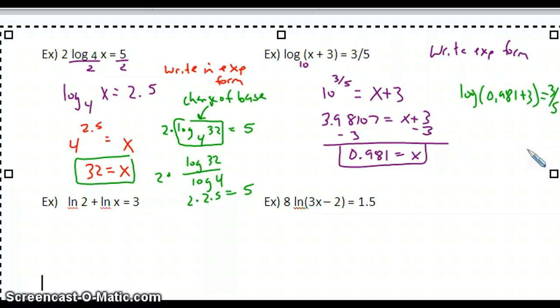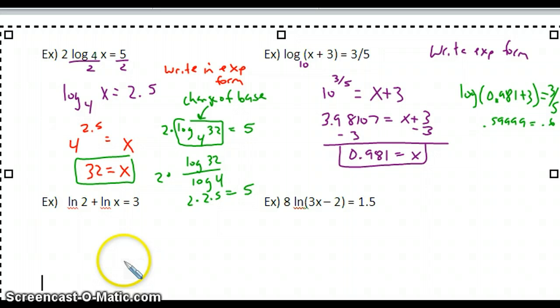I plugged it into the calculator wrong, so let me try that again one more time. Log of 0.981 plus 3 gives me 0.599999, and this is equal to 0.6. So again, the reason that I'm not getting the exact answer is because this is rounded. If I used the exact value of that and added 3, I would have got exactly 0.6. So this answer does check out.